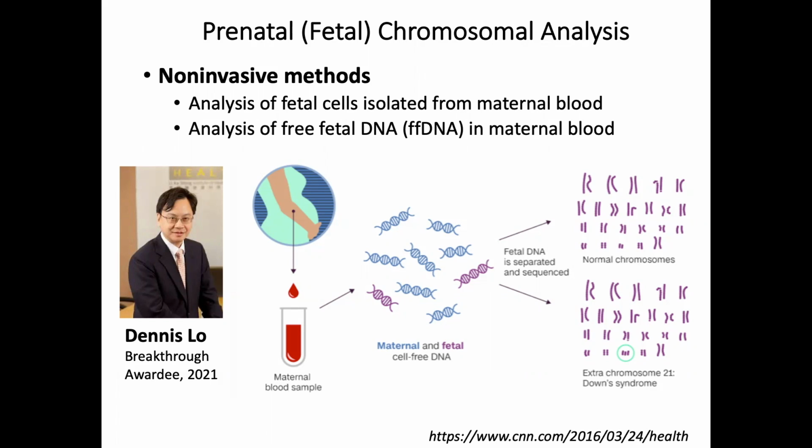Currently, the fetus has to be at least 10 weeks to perform it, and the method has been effective to screen genetic disorders such as Down syndrome, trisomy 13, and trisomy 18. Because of Dennis Lo's important contribution, a few days ago he was awarded the 2021 Breakthrough Prize with a $3 million award, which is among the highest scientific prizes in the world.